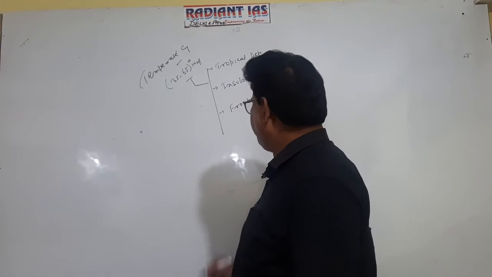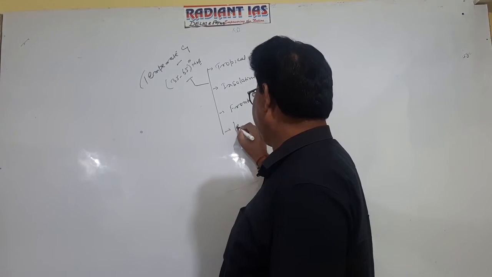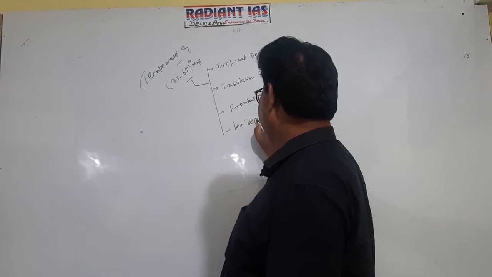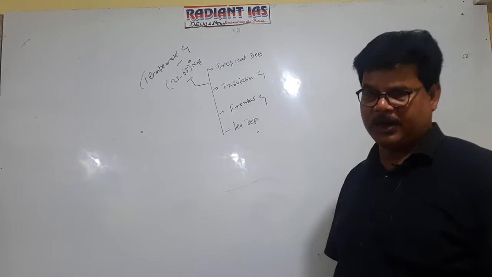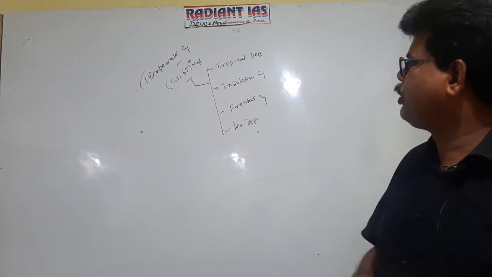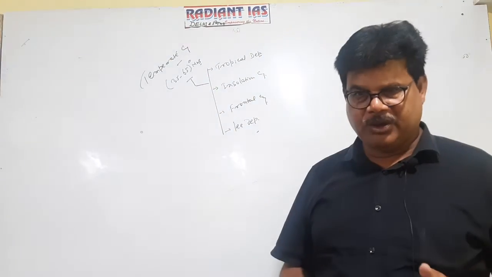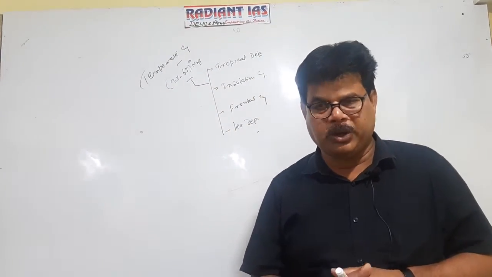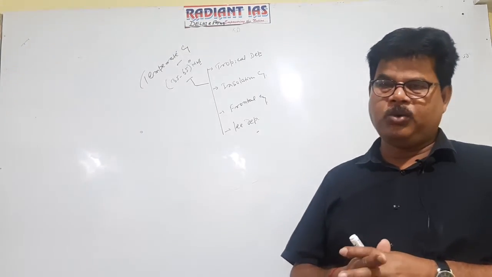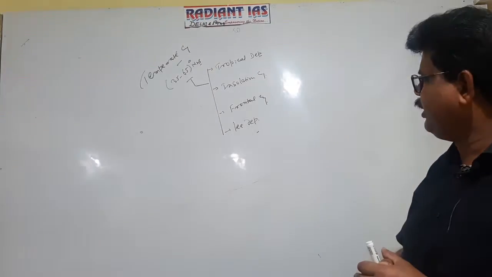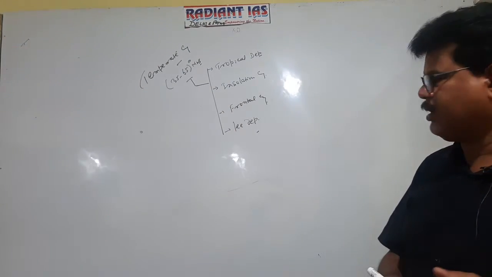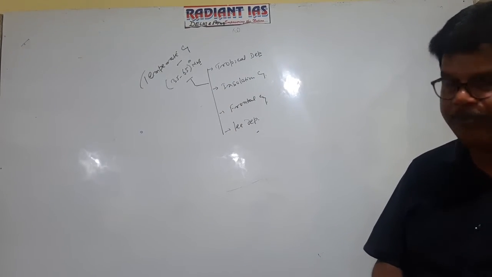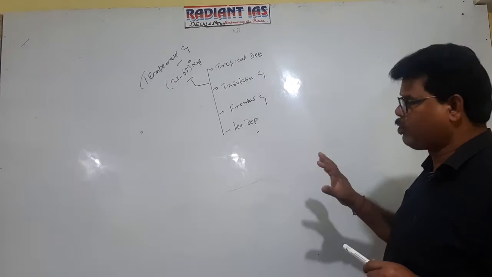And fourth one is Lee depression. So there are four types of temperate cyclone. First is referred to as tropical depression. Second is referred to as insolation cyclone. Third one is known as frontal cyclone, and fourth one is known as Lee depression. Now, what is tropical depression?